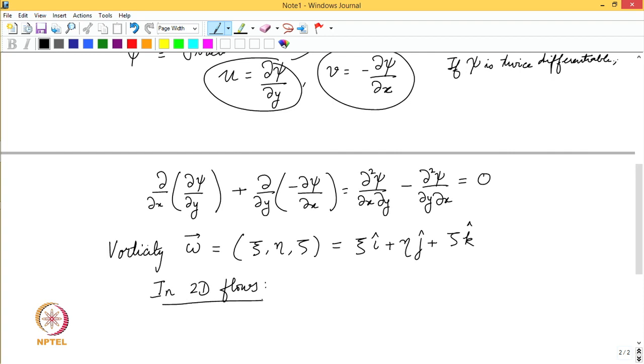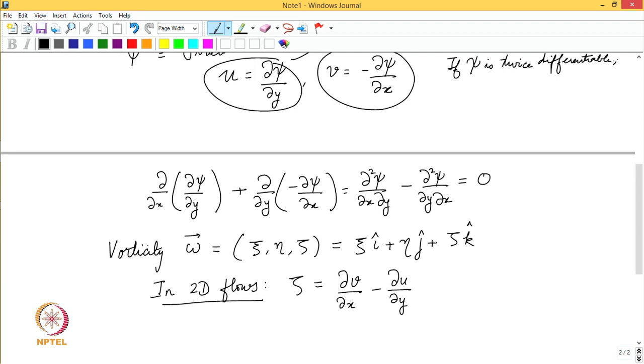It is easy for you to work it out, and I am sure you would have also covered this as part of your undergraduate fluid mechanics, that in 2D flows the only non-zero component would be zeta, which would be given as dv dx minus du dy.